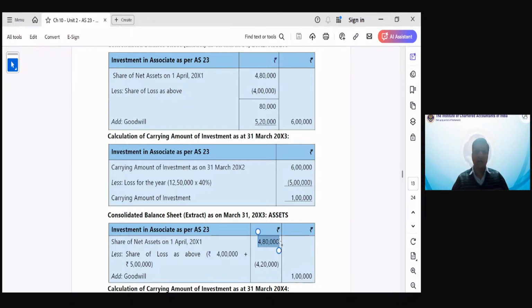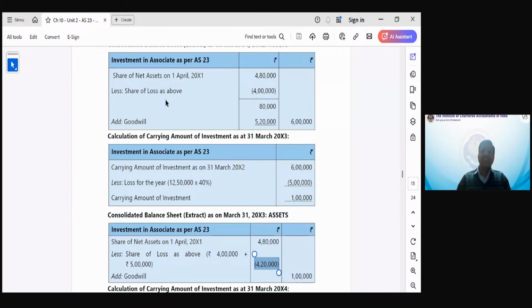It's 80,000. Correct? From this 80,000, what do you need to reduce? 5 lakh. So if you reduce 5 lakh, the net amount that you get is what? 4 lakh 20,000 negative.